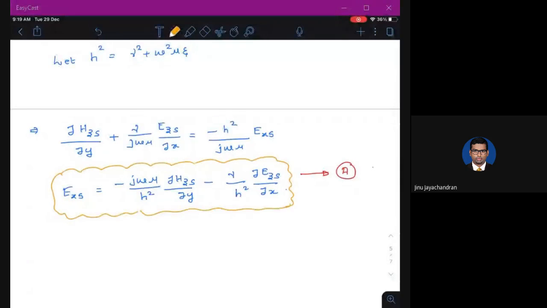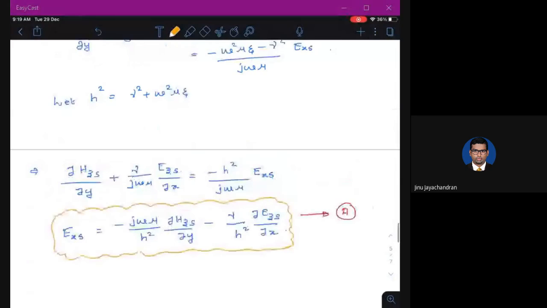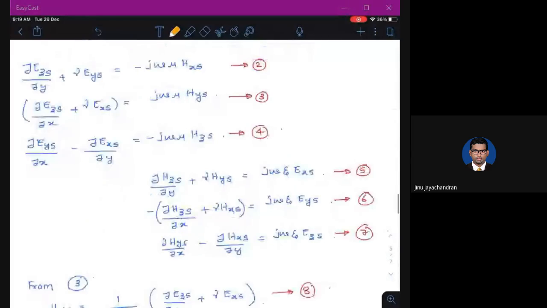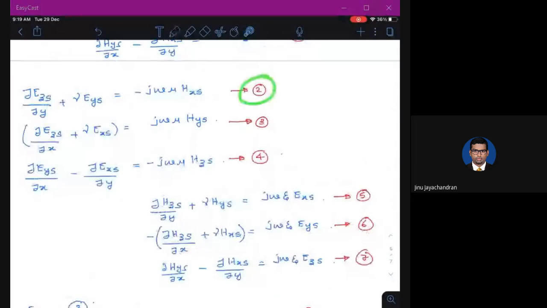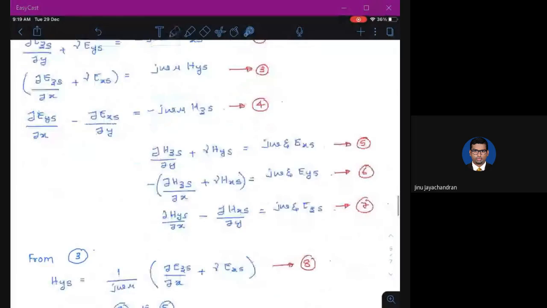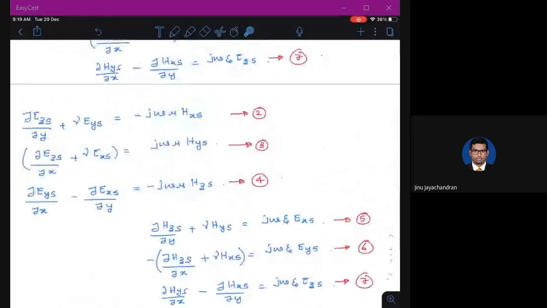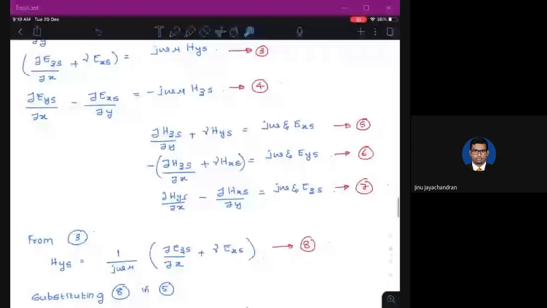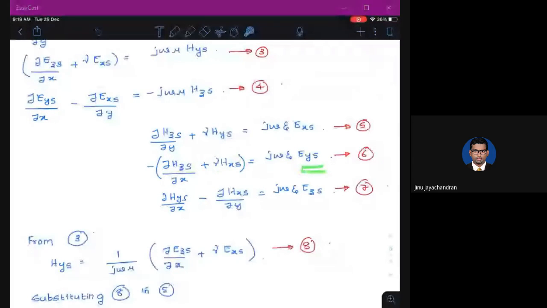Similarly, by looking at equation number 2, you will be able to get an expression for Hxs, and if you substitute that expression in this equation, you will get an expression for Eys in terms of Ezs and Hzs.